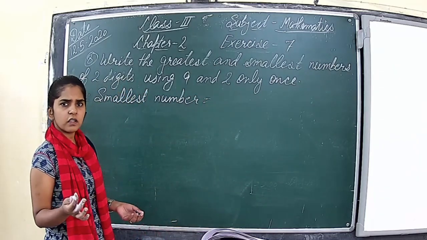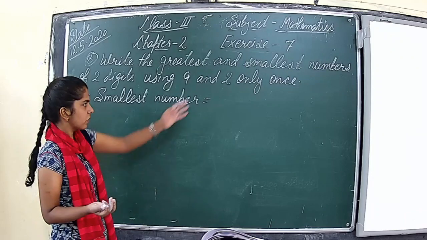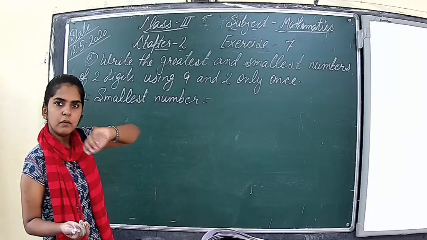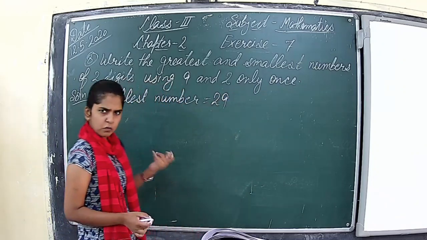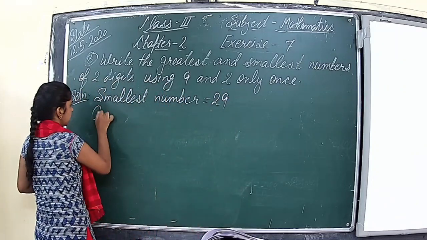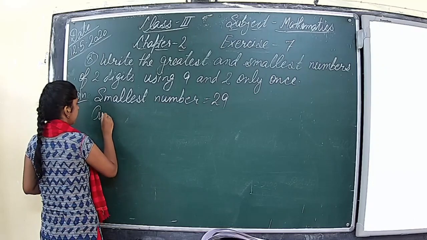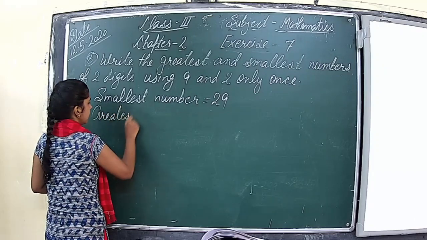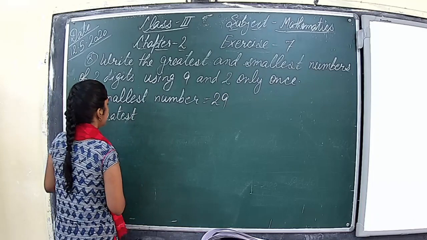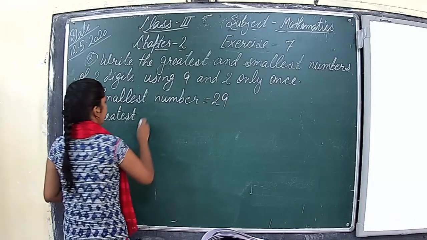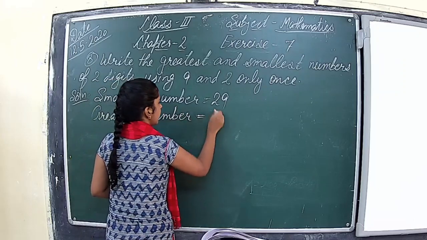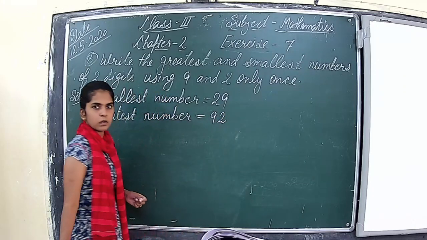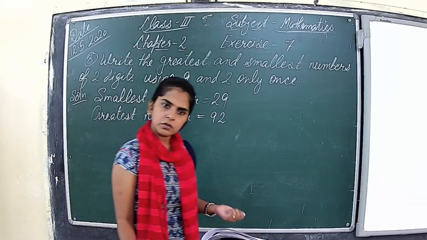Only 2 digits are there, so which is the smaller digit, 2 or 9? You will say, ma'am, 2, and then 9. This is the smallest number. And then the greatest number will be 92.